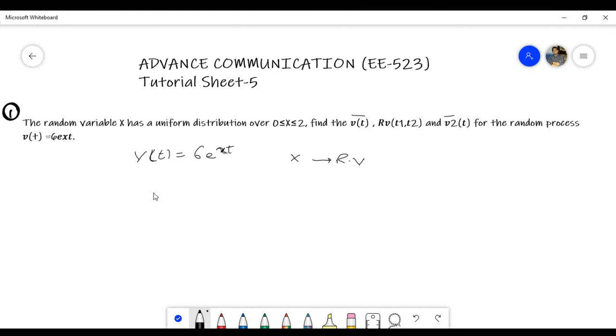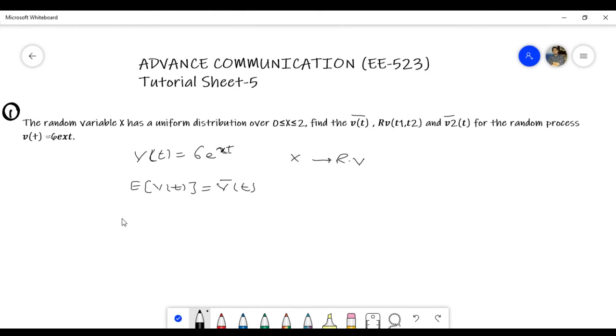Okay, so how to calculate the mean? v bar of t is nothing but the mean. To find the mean, we have to find the expected value of v of t, which is v bar of t.